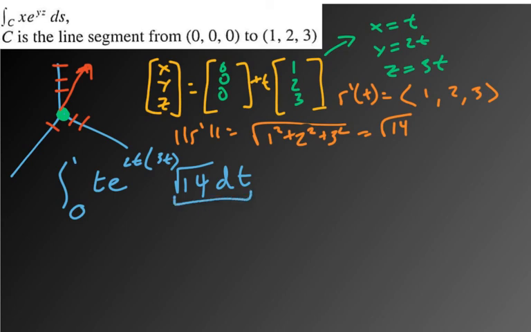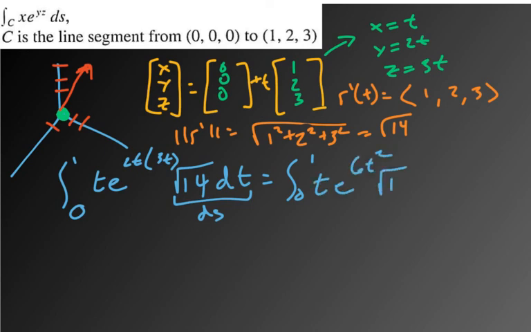So this part, again, is all of the ds stuff, okay? Then we could simplify this and just get t e to the 6t squared, right?